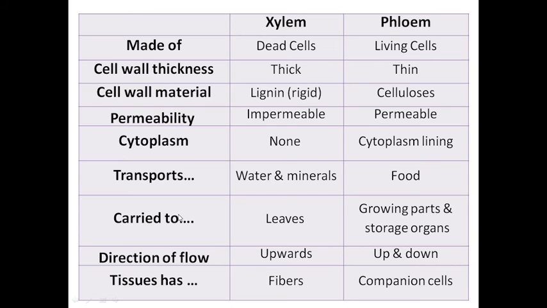It provides water and minerals to the leaves for performing photosynthesis. Phloem carries the food to the growing parts and the storage organs. Direction of flow: upwards only in xylem tissues, whereas in phloem tissues it is both upwards and downwards. Clear?